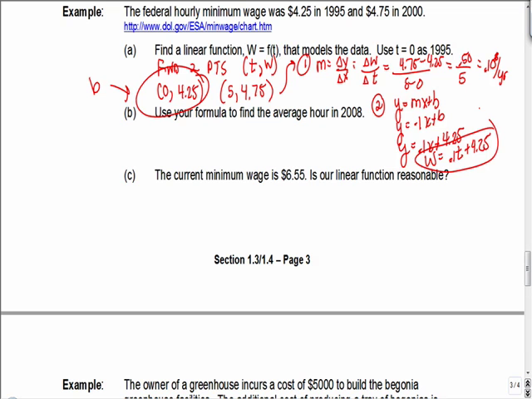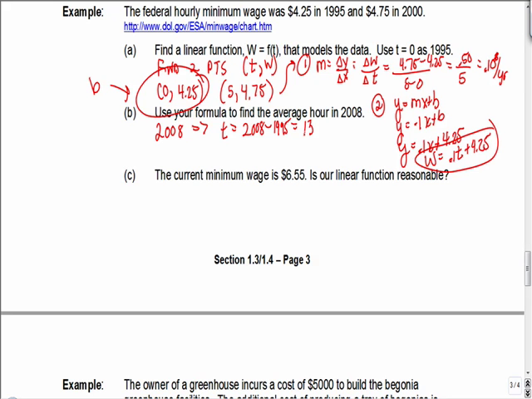Now part B. I want to use my formula to find the average hourly wage in 2008. So 2008 gives me t equals, well, let's see, 0 was 1995, so I would take 2008 minus 1995, which appears to be 13.